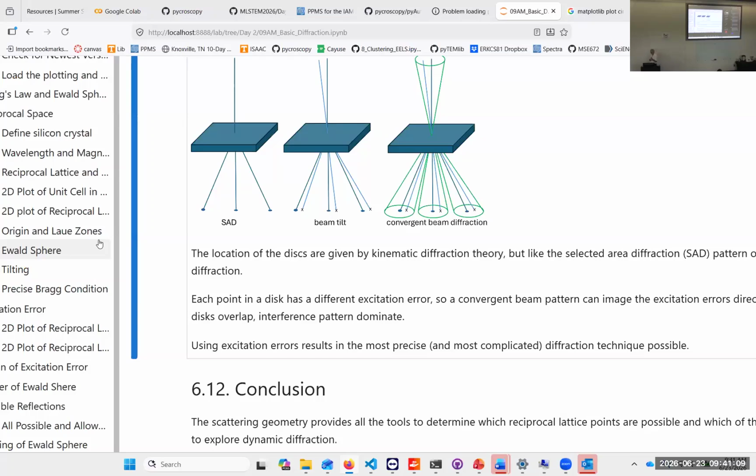So all of them have a different excitation error. And so what a convergent beam electron diffraction pattern is, it is really a map of excitation errors. And the excitation error is an internal potential. So the crystal symmetry is there. You have all this extra information that you can get to.